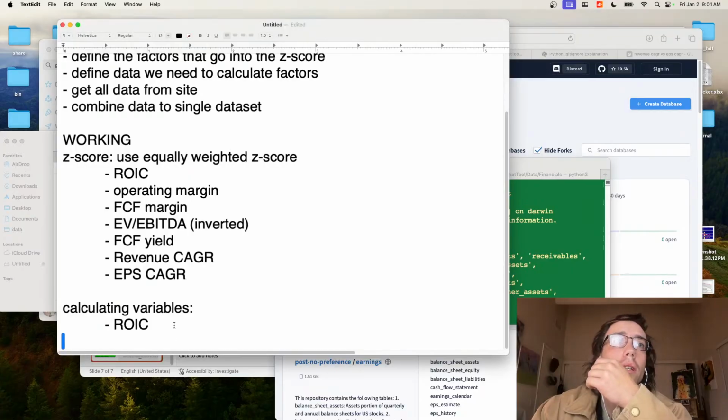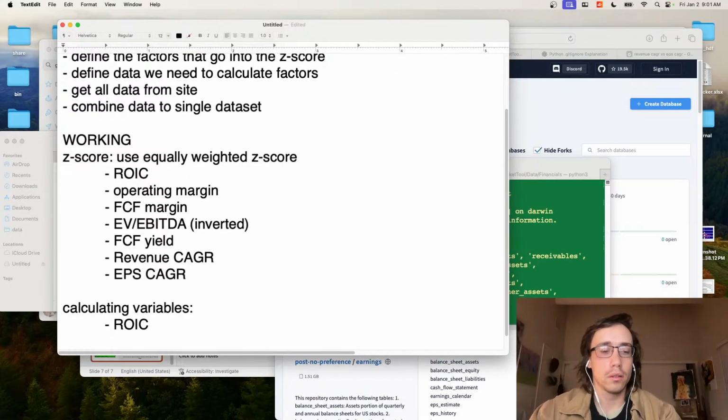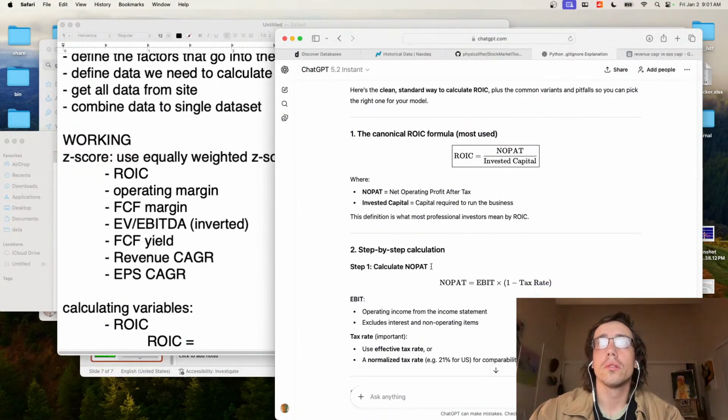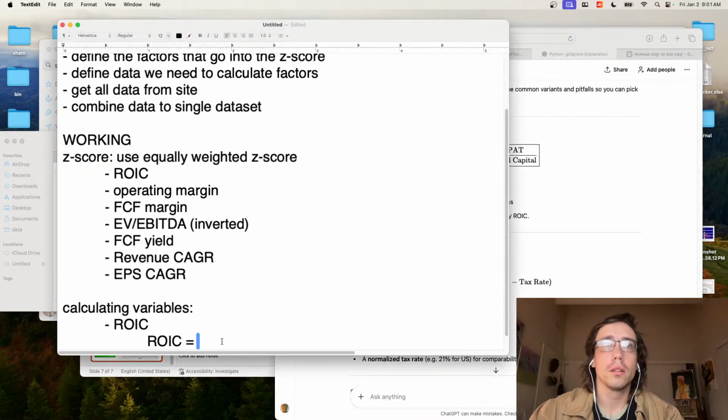All right, ROIC equals NOPAT divided by invested capital.